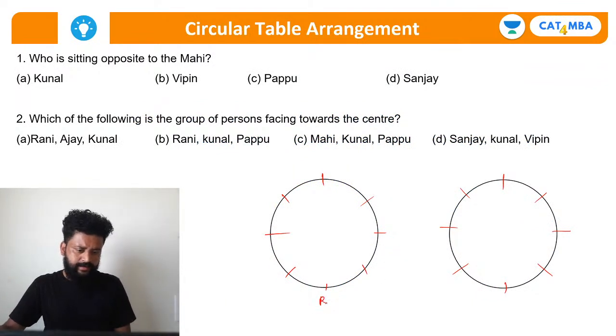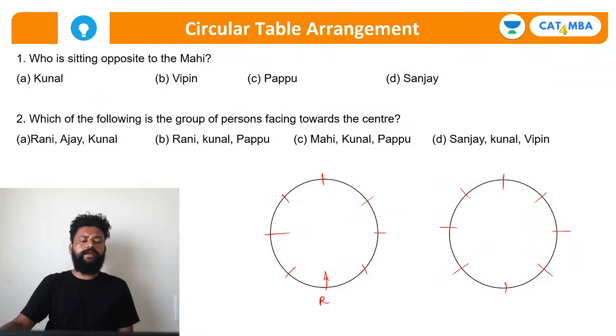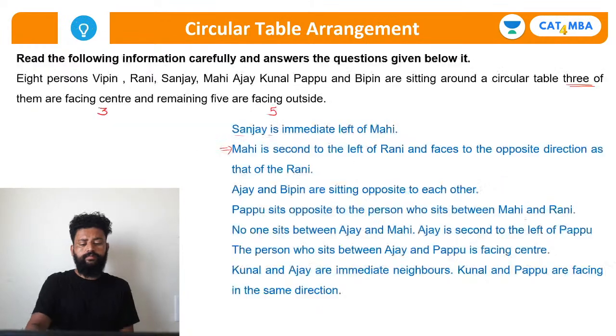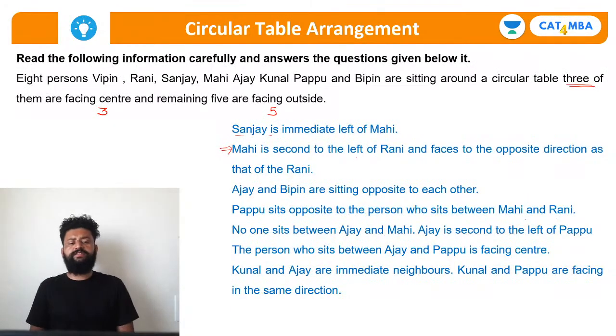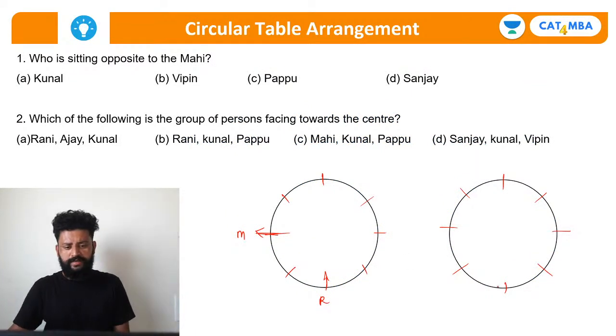If Rani is facing center, Mahi is second to the left of Rani, so second to the left, 1, 2. Here it must be Mahi, and Mahi must face outside because Mahi and Rani face opposite sides. The other case could have been Rani sitting here and facing outside.